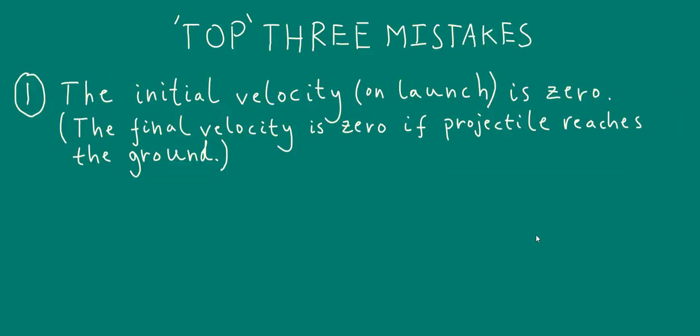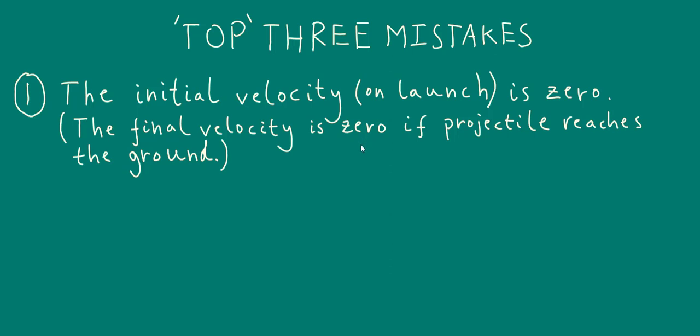There are three mistakes that I see over and over again. The first one is that when a projectile is launched, students think that the initial velocity on launch is 0. And similarly, that if the projectile reaches the ground or the surface, the final velocity is 0.